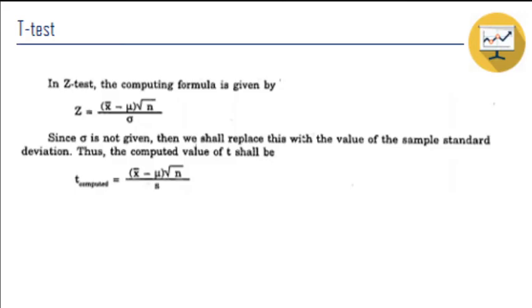In z-test, the computing formula is given by, ayan, so na-discuss natin kanina, since population standard deviation is not given, then we shall replace with the value of the sample standard deviation. Thus, the computed value of t shall be t computed is that. Yan yung formula na gagamitin natin. Napalitan lang yung denominator niya, which is the sample standard deviation.